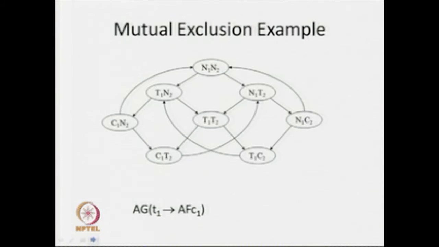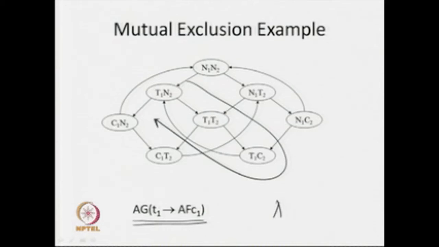So, this is the model that I have come up with, and I have seen that this particular property is not true over here. Okay. Because already I have seen that this is the path where we have the problem. That means, in this particular path, process P1 is not getting any chance to enter into the critical section C1.